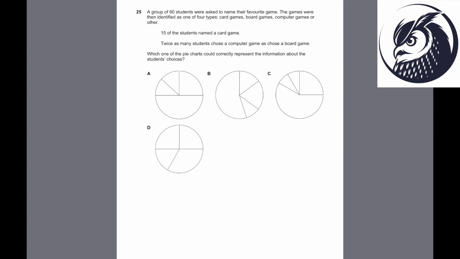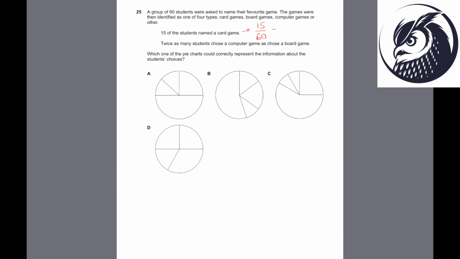So what we'll do is you can see that the answer options is asking us which of the following pie charts could correctly represent the information above. So quickly, we should turn this into a fraction. If 15 students named a card game out of 60, then the fraction we should write is 15 over 60.